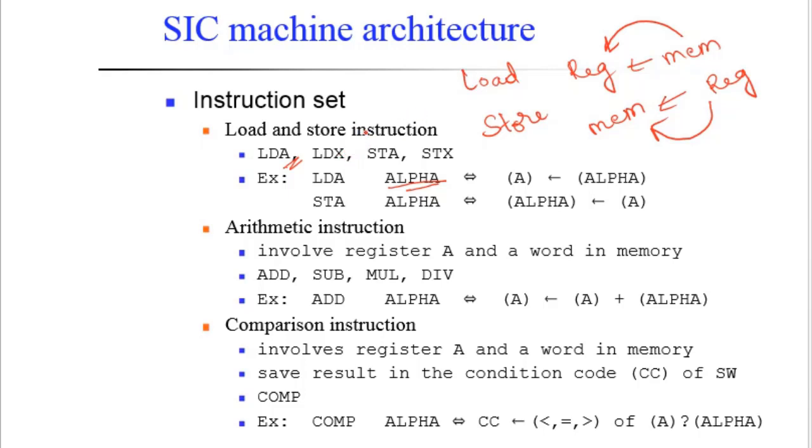Similarly, we have LDL, which stands for load linkage register. Similarly, what is STA? Here we have an example, STA alpha. What do you mean by STA alpha? The accumulator contents, which are 24 bits, have to be copied to the memory location named alpha.